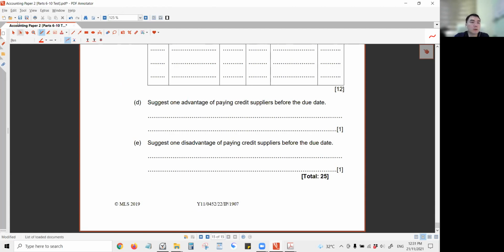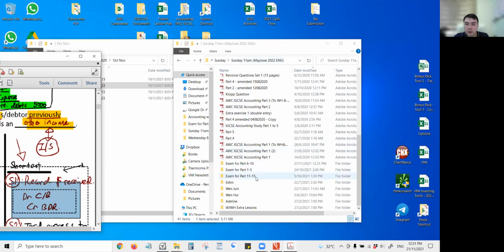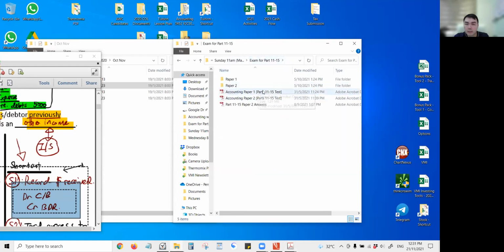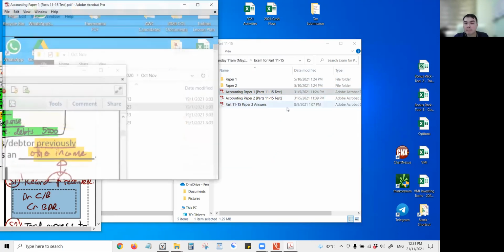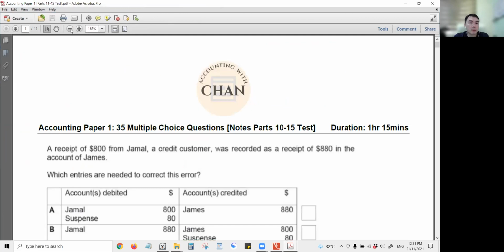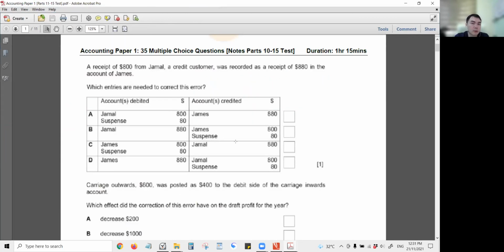After this question, we will move on to paper 1. We'll move on to the paper 1 for part 11 to 15 test. After that, we will continue with MCQ.